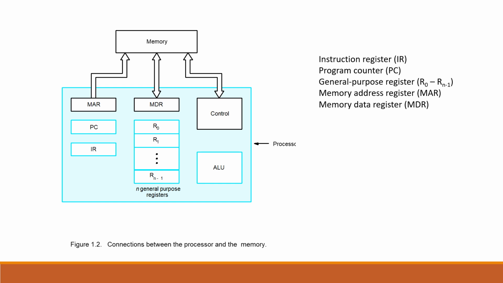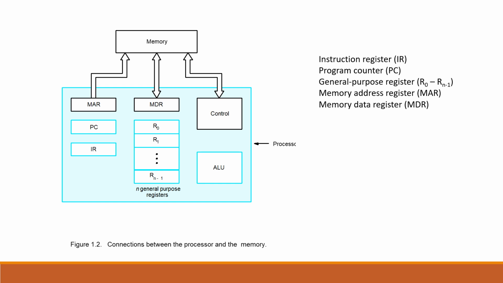As we can see from the diagram, it has the MAR, which is the memory address register, MDR, the memory data register, PC, the program counter, IR, the instruction register, and different types of general purpose registers which are used to hold the data temporarily, represented by R0 to Rn-1.